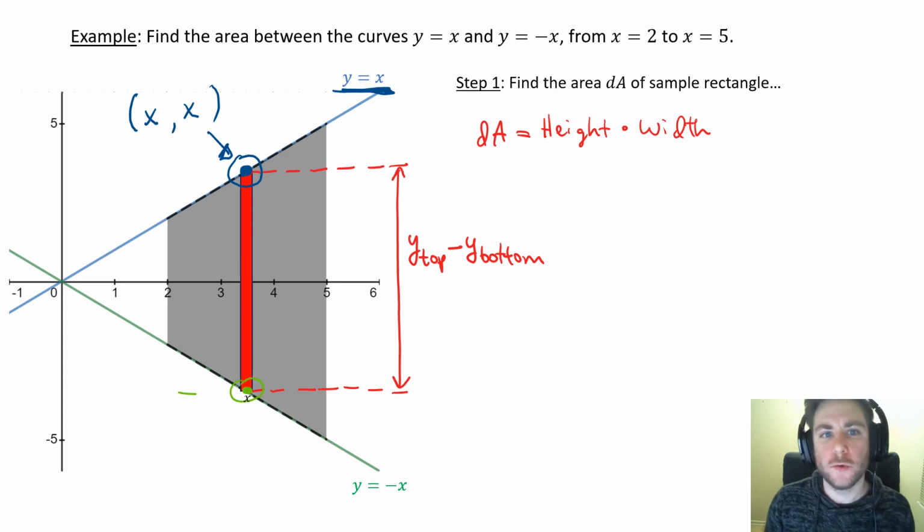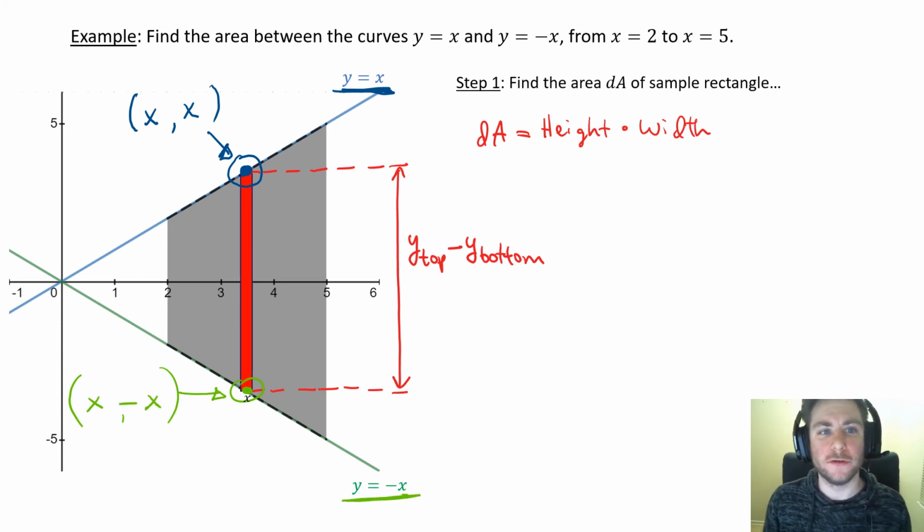We also need the coordinates of this point at the bottom of the rectangle. And we could think of that one in a similar way, where the y-coordinate here is just given by looking at the formula for the green function, since that's a point on the green curve. So when we go back to finding our height, we know that the y-coordinate at the top is x, and the y-coordinate at the bottom is negative x.